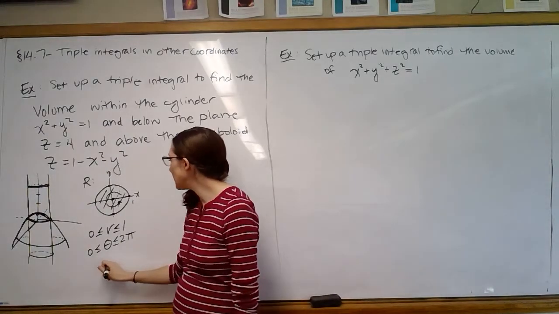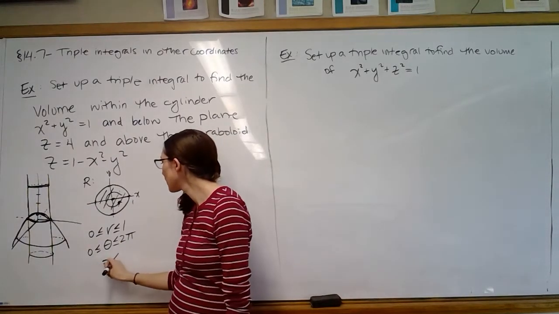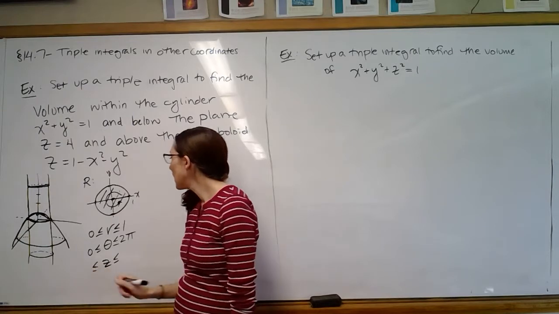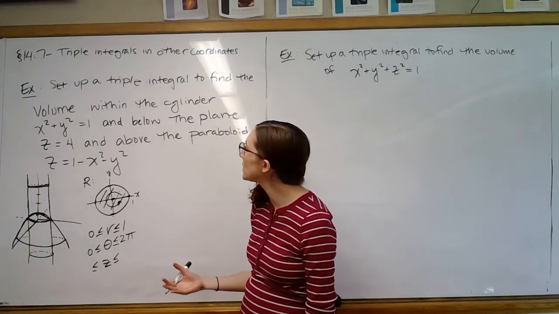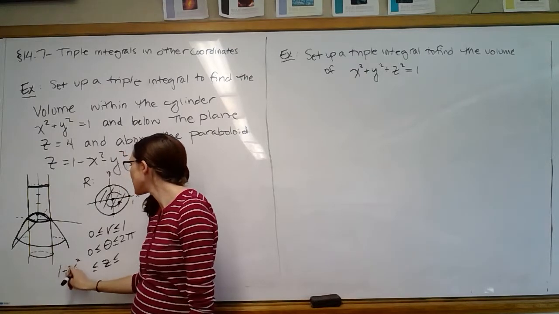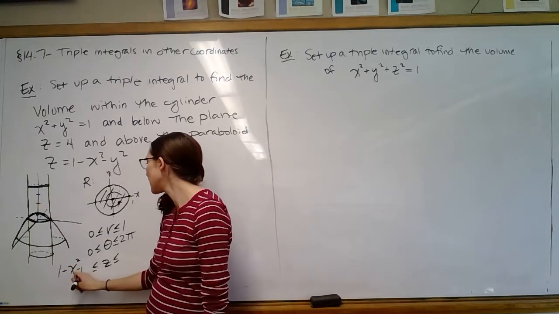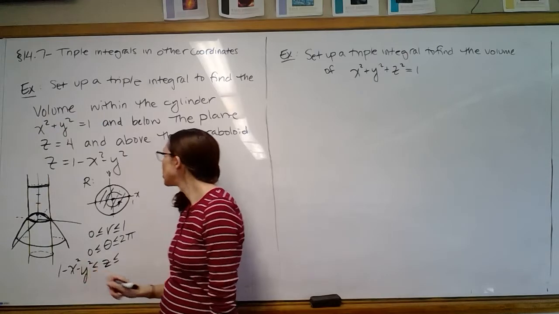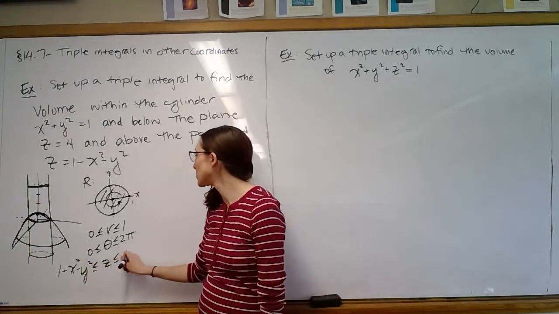So z in rectangular coordinates is going from 1 minus x squared minus y squared to the plane, which is z equals 4.